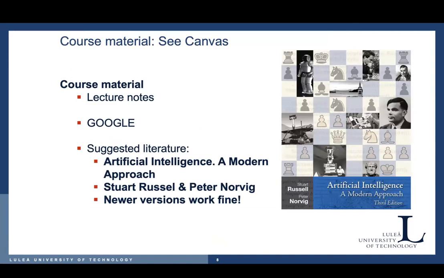Course material. So the course book is AI: A Modern Approach by Russell and Norvig. And I have updated the Canvas README page. So I removed the reference to a specific version. Basically, as I understood from some messages from you, it is outdated and kind of expensive, so there are new versions.